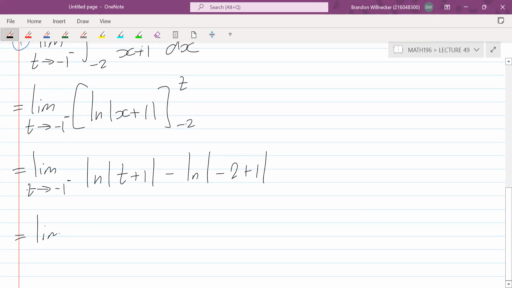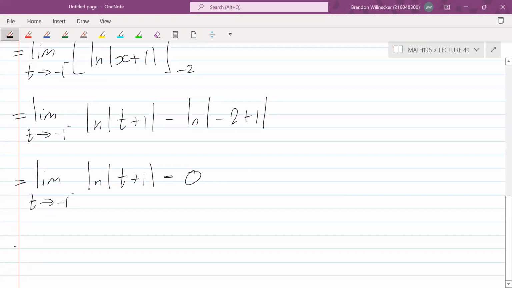And -2 plus 1 is going to be -1. We take the absolute value, so we get 1. The natural log of 1 is 0, so this is just going to be 0. Okay, so now we're taking the limit as t approaches -1 from the minus side of the natural log of t plus 1.